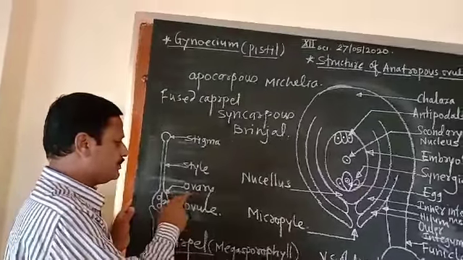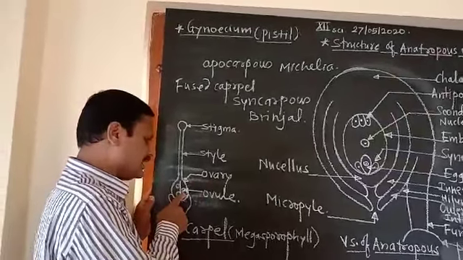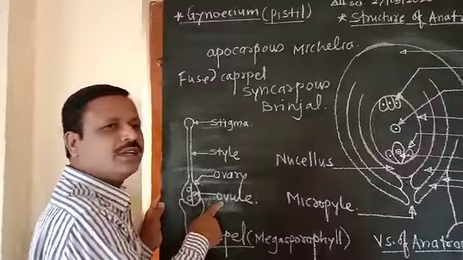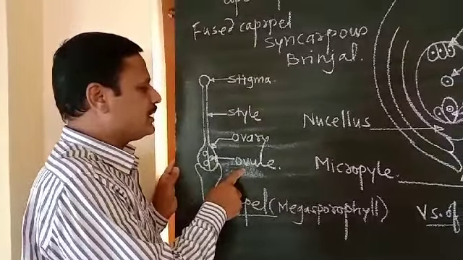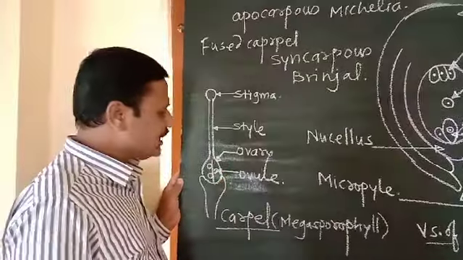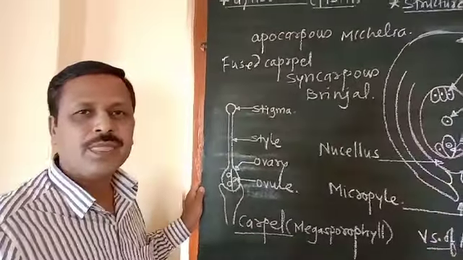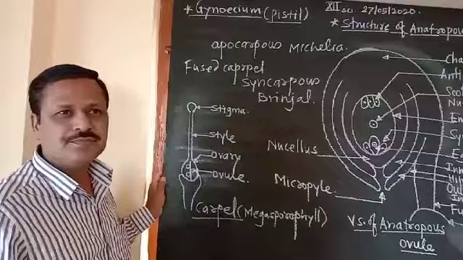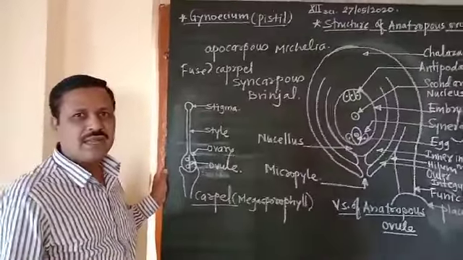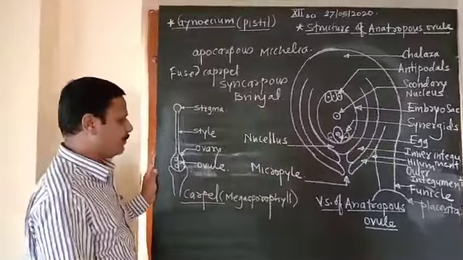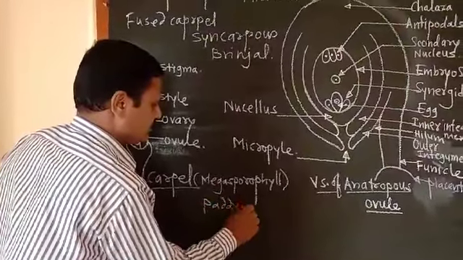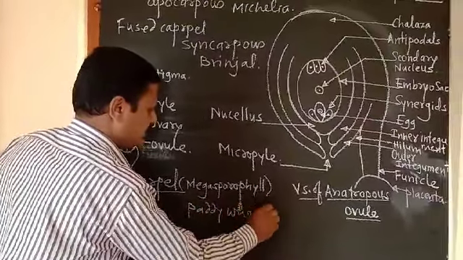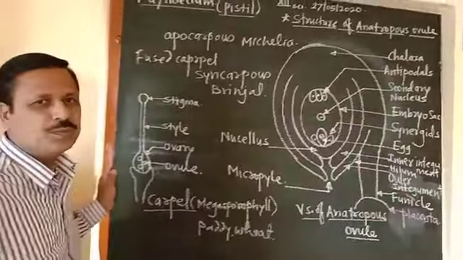When the ovary encloses a single ovule, it is called a uniovulate ovary. This uniovulate ovary occurs in crops like paddy, wheat, and mango.